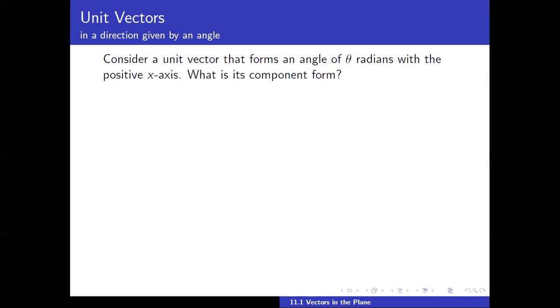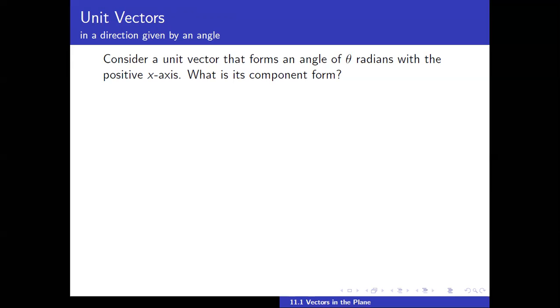So first of all, let's talk about unit vectors in a direction given by an angle. Given a unit vector that forms an angle of theta radians with the positive x-axis, and remember, the positive x-axis coincides with the so-called polar axis, yes?